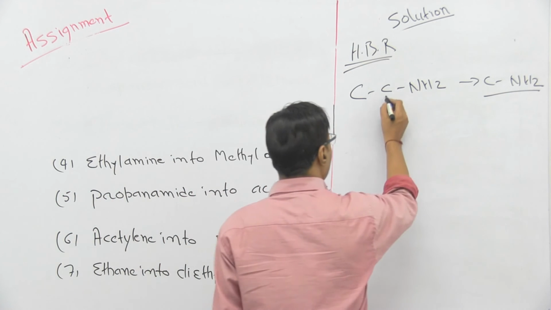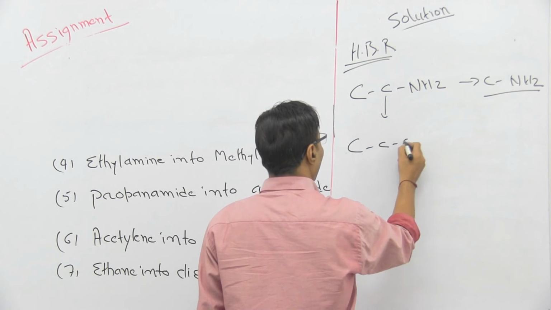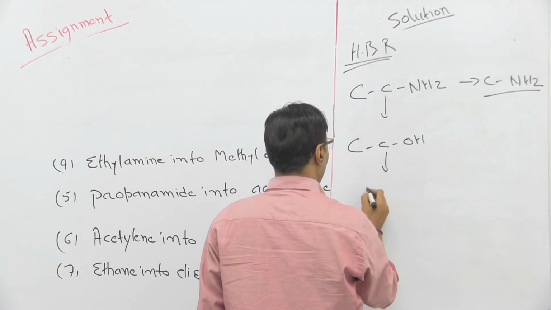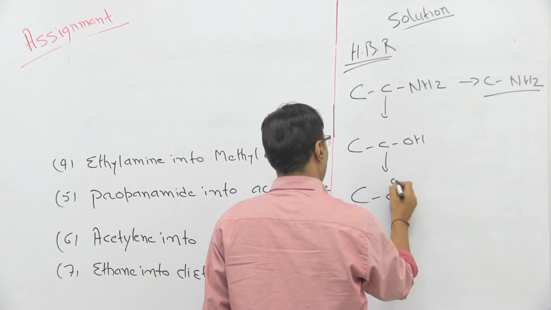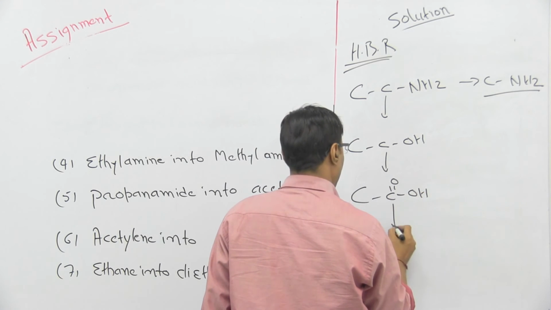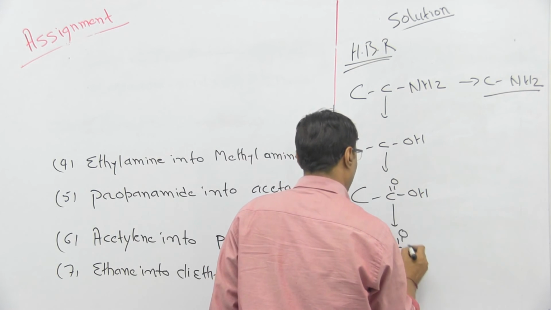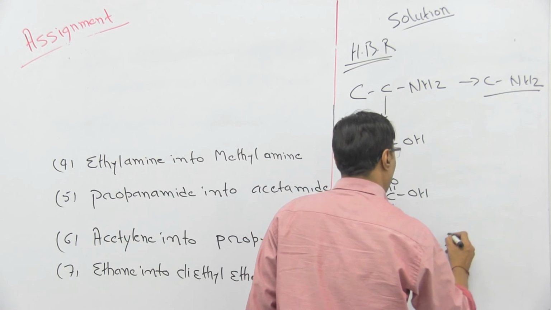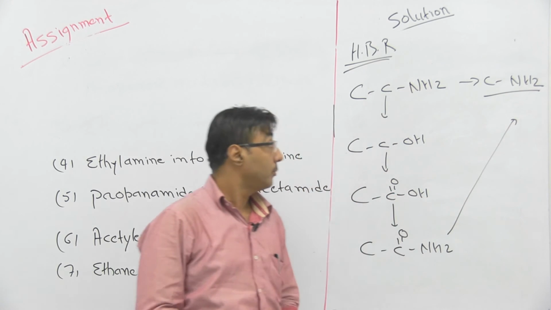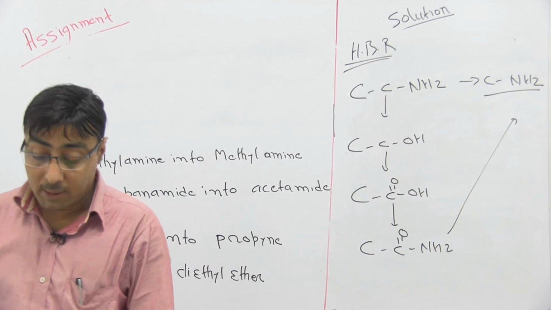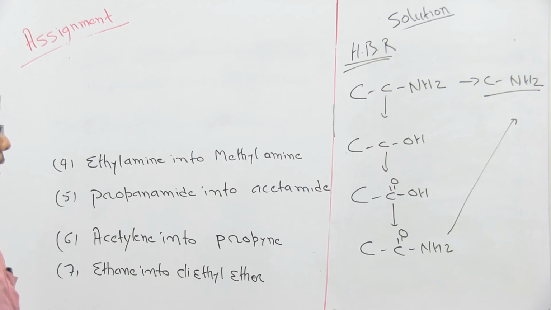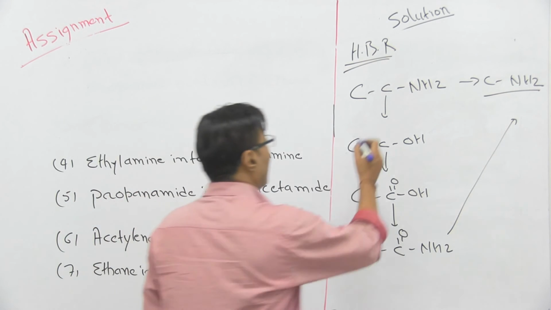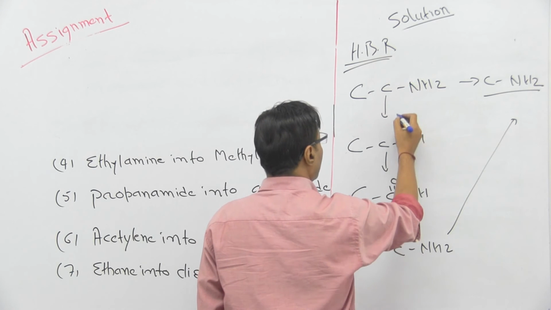So we have to convert this compound into alcohol, alcohol to acid, acid to amide, and amide to amine. What is the reagent here?